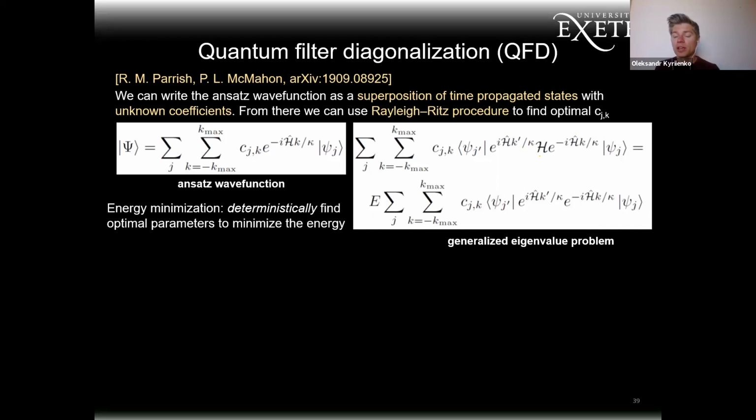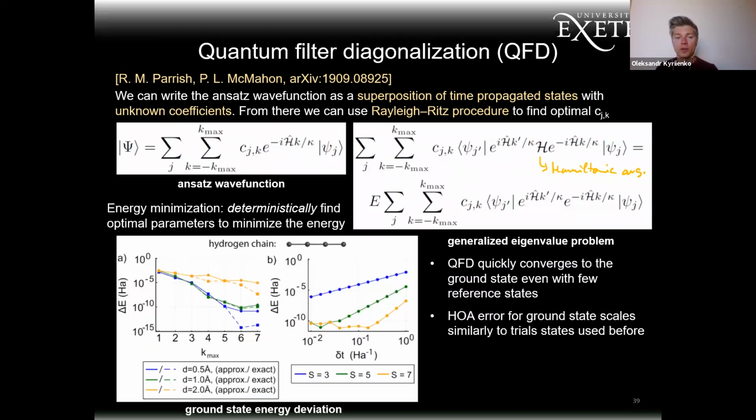And they were using Hamiltonian averaging. But what we propose to do is change this Hamiltonian averaging for another LCU, combine it all together, and you will just have a much more efficient workflow of this algorithm.